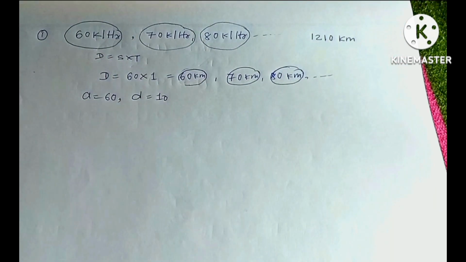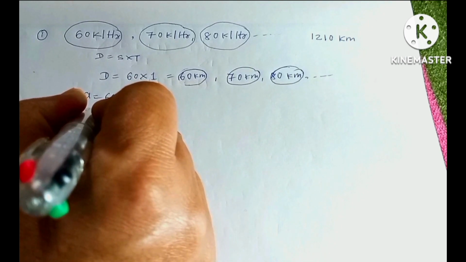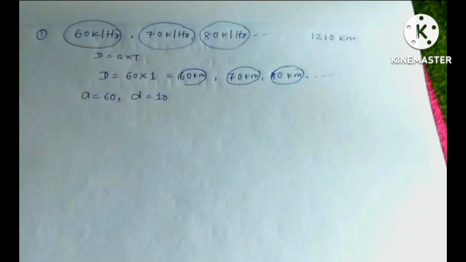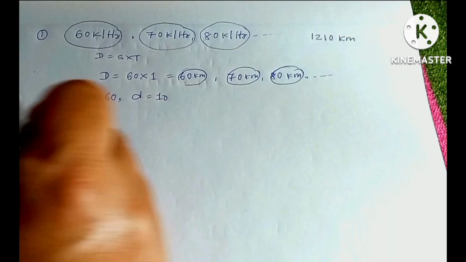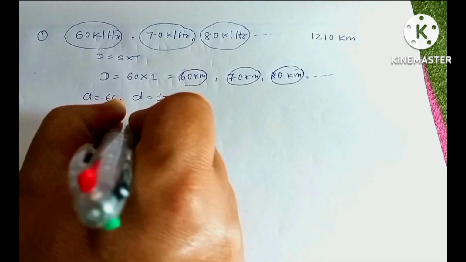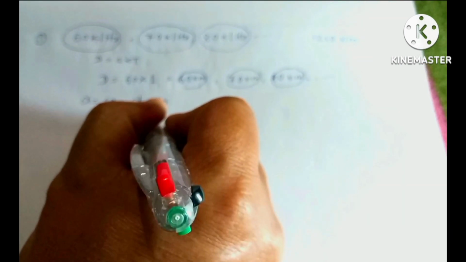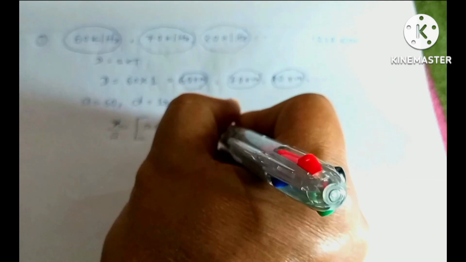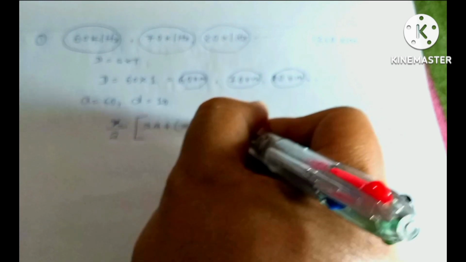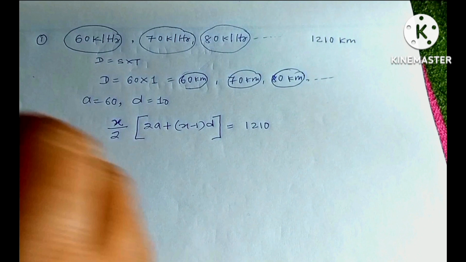So the sum of these x terms is given by the formula of arithmetic progression: x upon 2 into 2 into first term plus x minus 1 into common difference, and the total distance will be equal to 1210 kilometers.